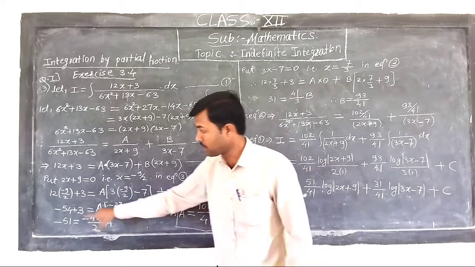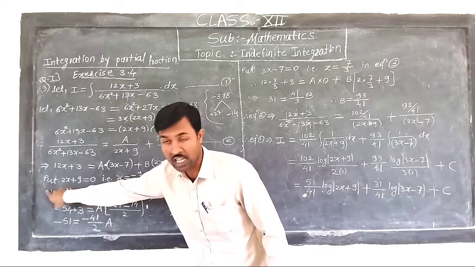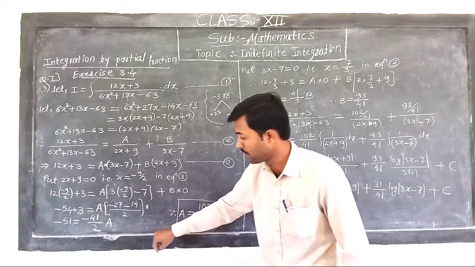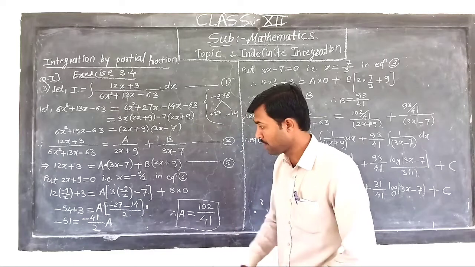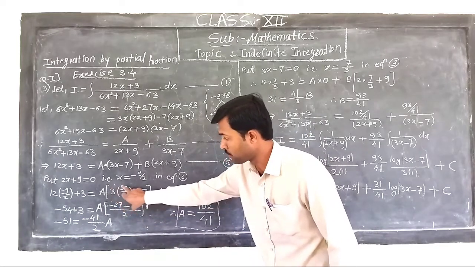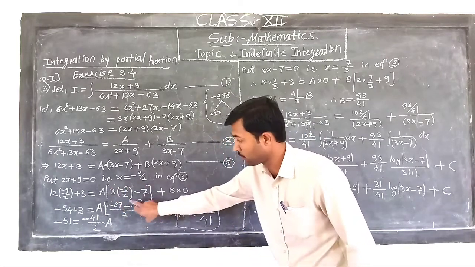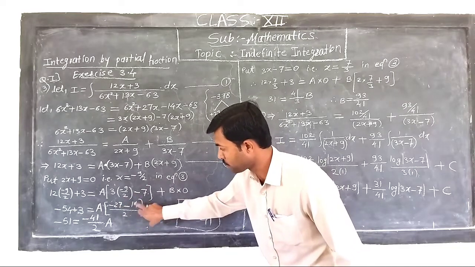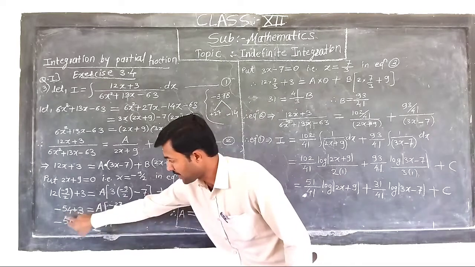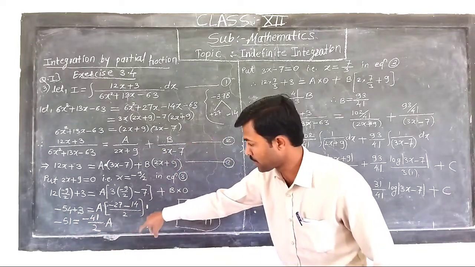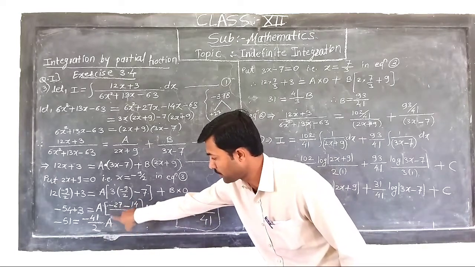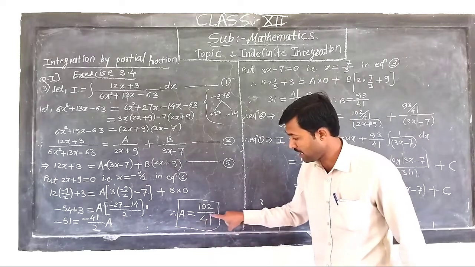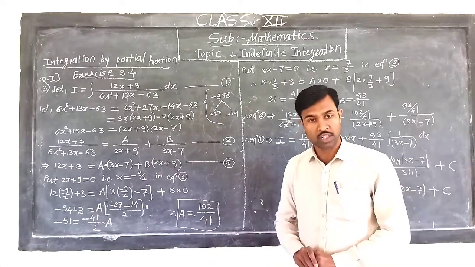After solving this we get 2 6s are 12, 6 into minus 9 is minus 54 plus 3 is equal to a into, using cross multiplication, 3 into minus 9 is minus 27, minus 7 2s are 14, and in the denominator 2 1s are 2. Hence minus 54 plus 3 is minus 51, equal to minus 41 upon 2 into a, and after solving we get a as 102 upon 41.